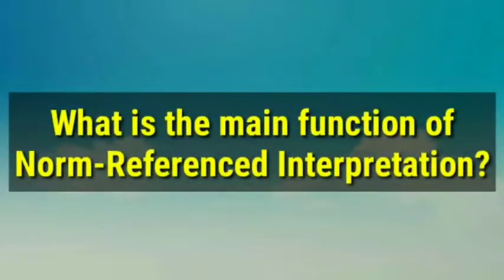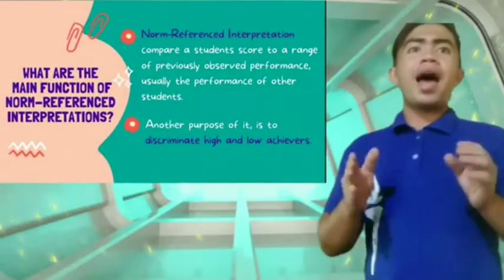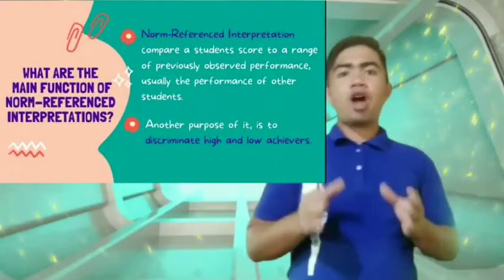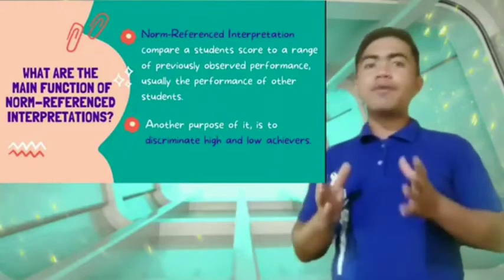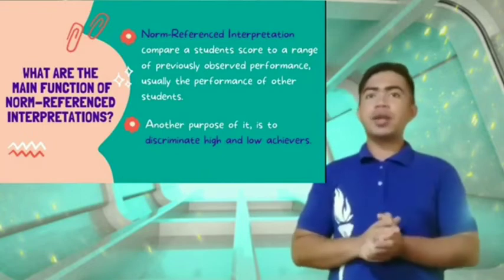What is the main function of norm reference interpretation? Norm reference interpretation compares a student's score to a range of previously observed performance, usually the performance of other students.